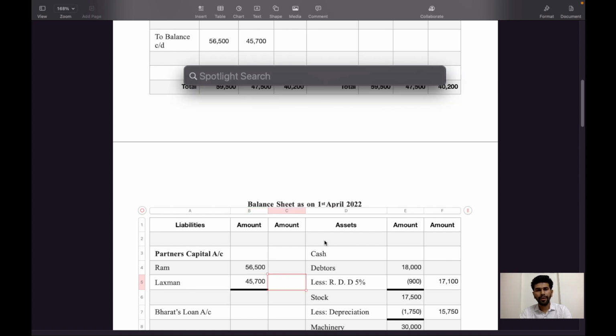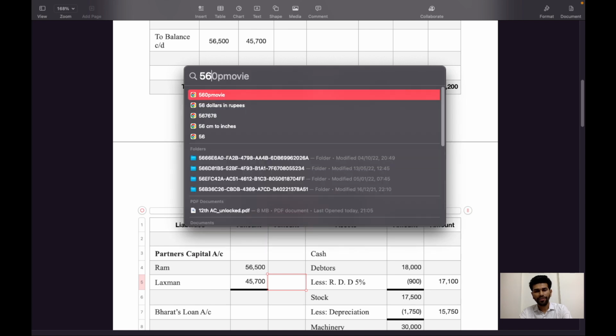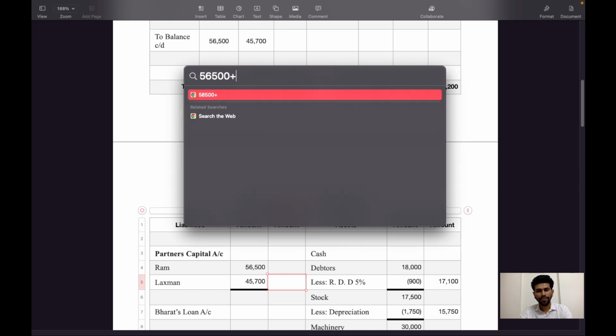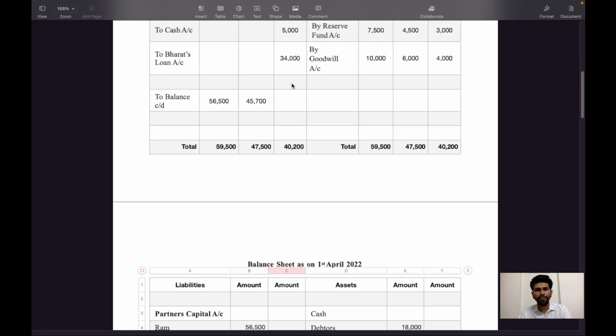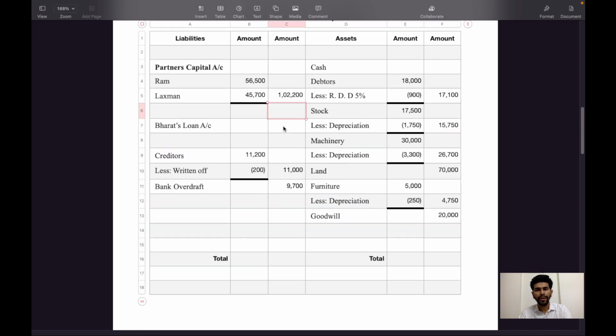The total amount will be in the outer column: 56,500 plus 45,700, 1,02,200, and the amount of Bharat's loan account, 34,000, will be recorded separately.